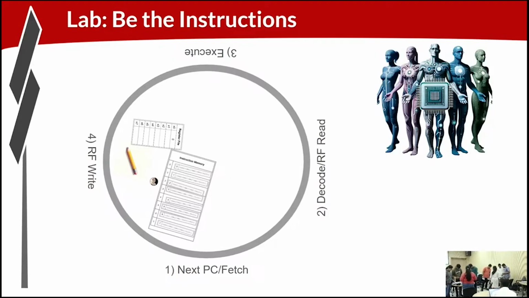So maybe at this point it would be good to try to resolve these hazards, right? So does anybody have any suggestions for strategies to resolve the branch hazard, the control hazard? Any suggestion for how to resolve the branch hazard?